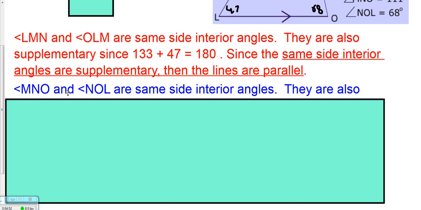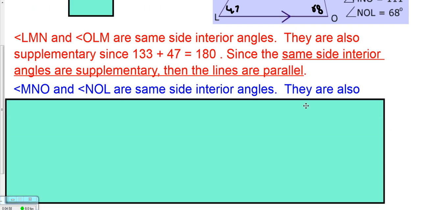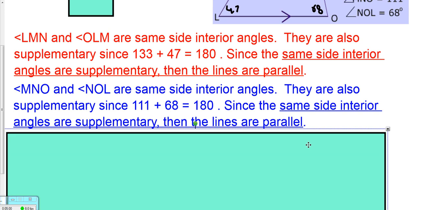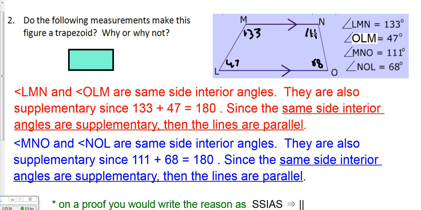MNO, that angle, and angle NOL are same side interior angles, these two right here. Those are also supplementary because we can add them up and get 180. So again, since the same side interior angles are supplementary to each other, then the lines going across there have to be parallel.